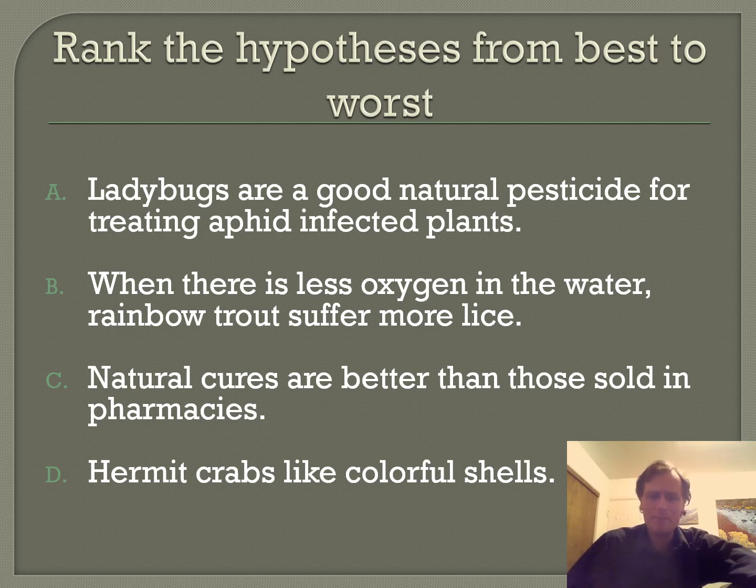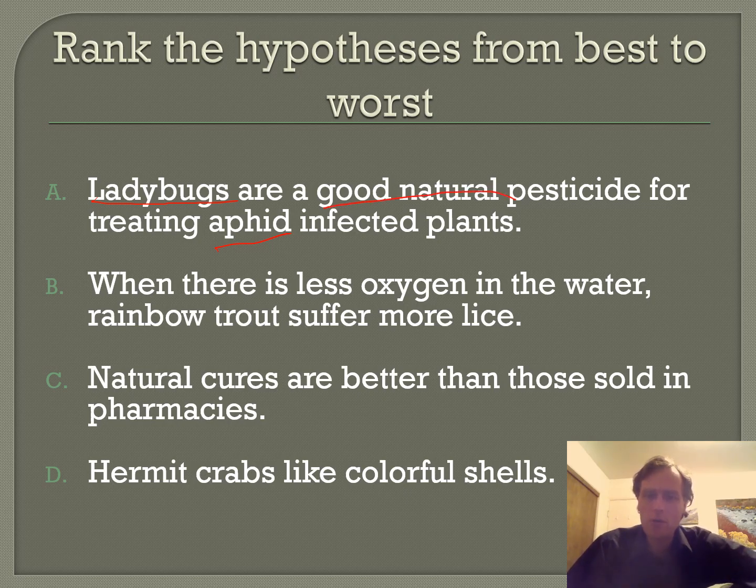So you want to think, is the independent variable clearly identified here? Yes, it is, and that would be the presence of ladybugs. We could have phrased it a bit better, such as plants with ladybugs on them will have fewer aphids. That would be a better way of phrasing it.